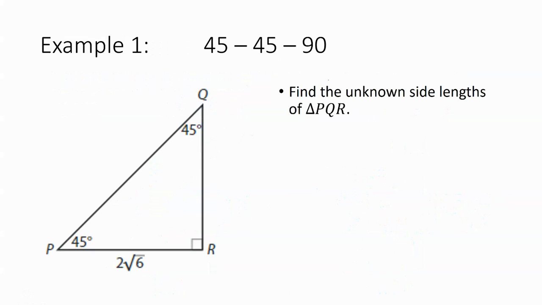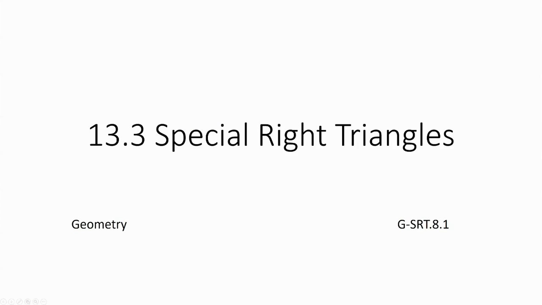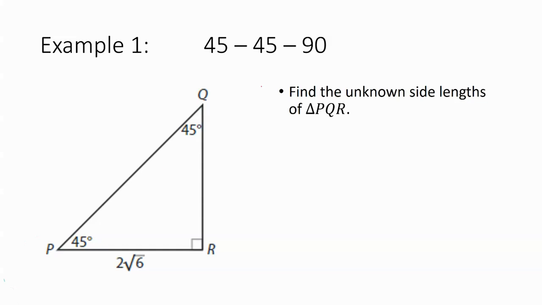So example 1, find the unknown side lengths of triangle PQR. Let's see what kind of triangle we have. It's a 45, 45, 90. How do I know? Because of the angles, and that's how we know right away.